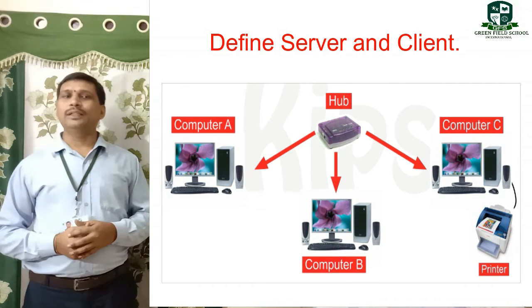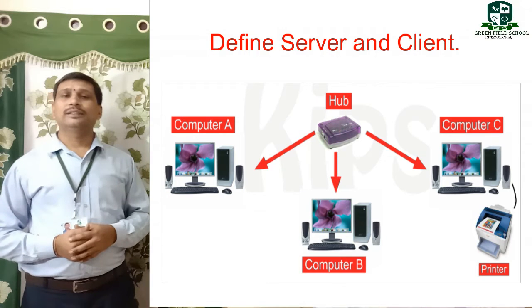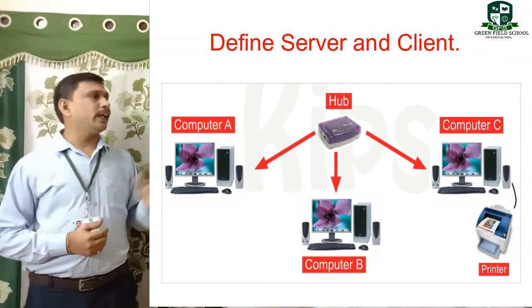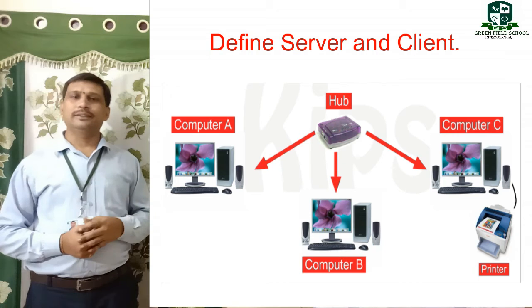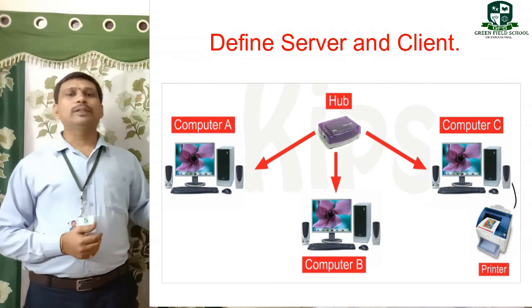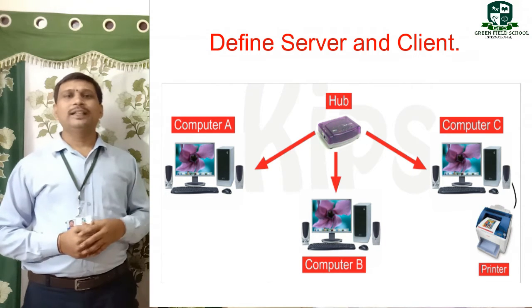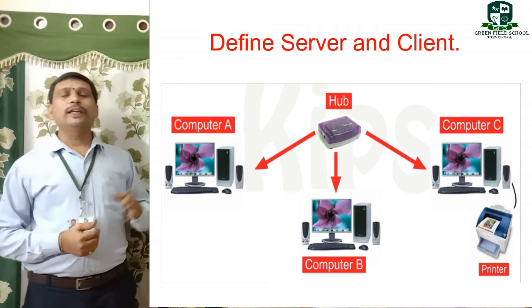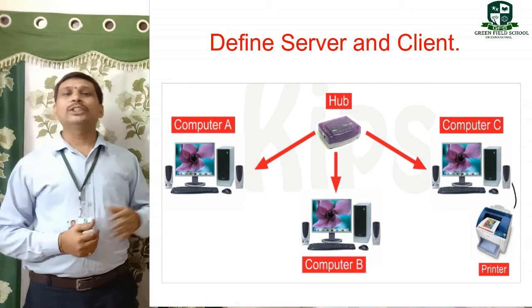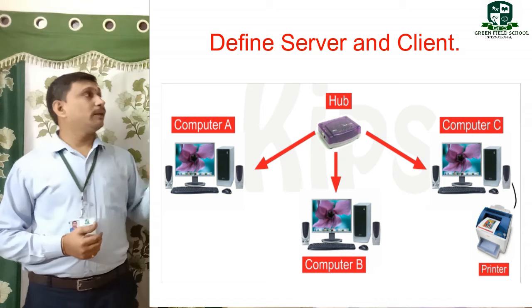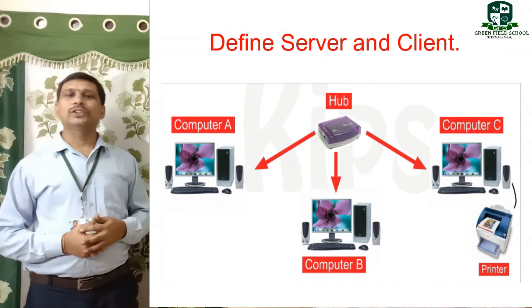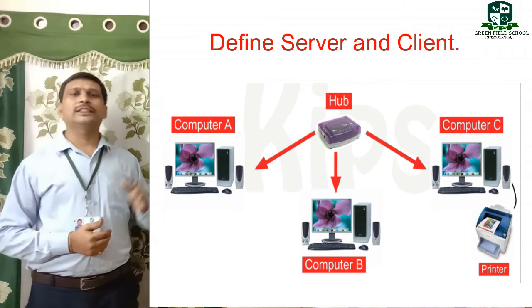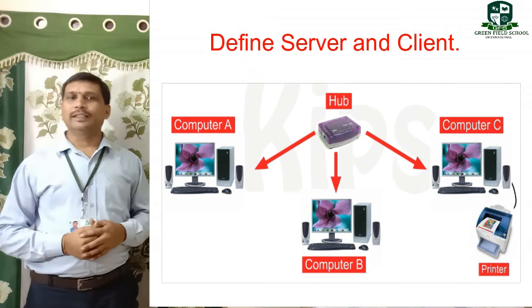For example, when we observe this diagram, there are three computers: computer A, computer B and another. A printer is attached to one computer. The remaining computers or nodes share the printer through this computer network.